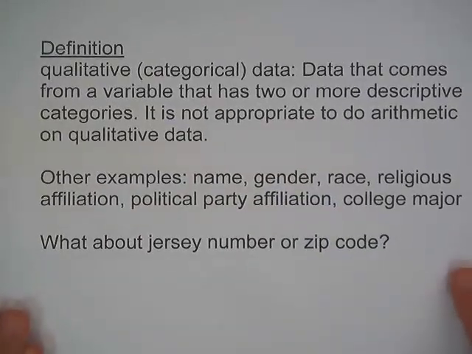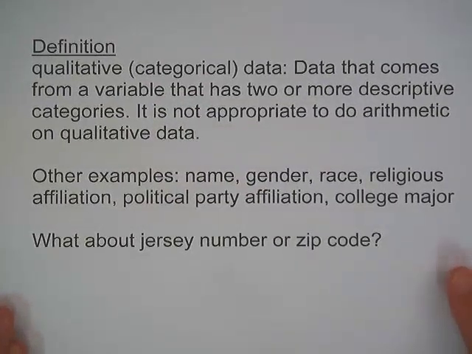Let's take a look at some definitions now. We'll start with qualitative data, also known as categorical data. Qualitative data is data that comes from a variable that has two or more descriptive categories. If we go back to the hockey roster and think about shot hand, there are two descriptive categories there, either a left-handed shooter or a right-handed shooter. So shot hand would be considered a qualitative variable.